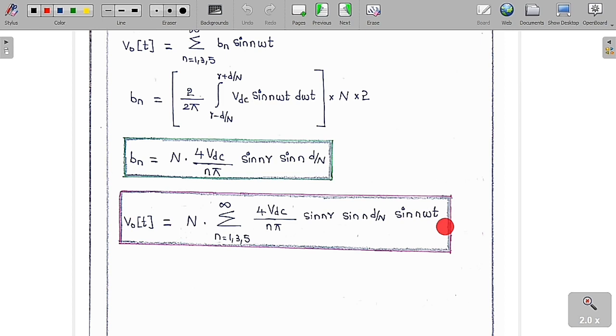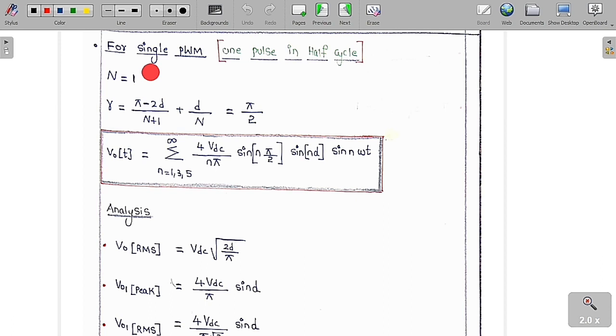So this is the output expression that we are going to get. We are going to write it as the general expression.